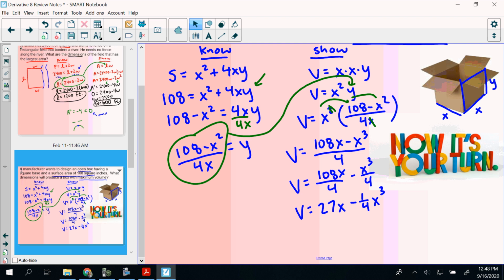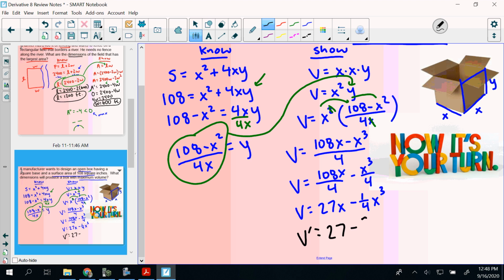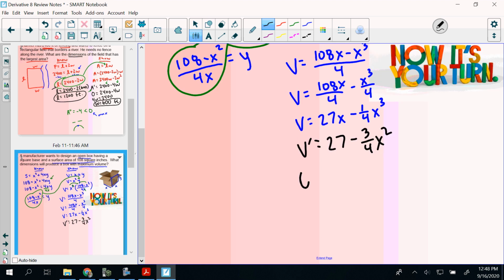So now we've simplified that. Let's find out what that derivative is. Derivative would be just 27 there. On the other one, it'd be minus 3/4 x squared. Now set it equal to 0 and solve. I'm going to times by 4 first.